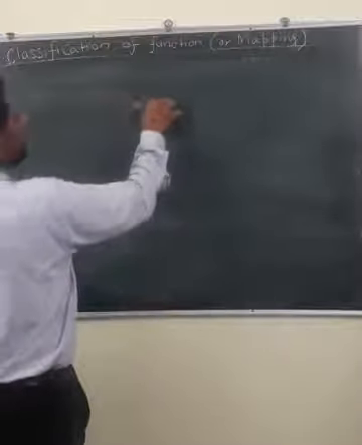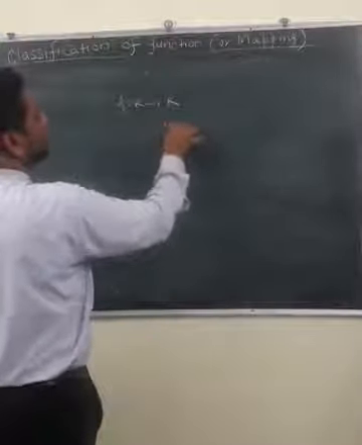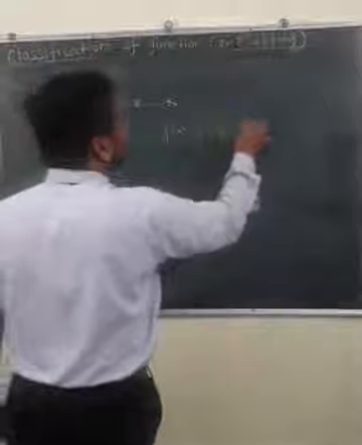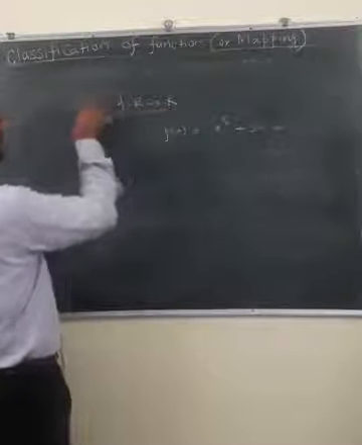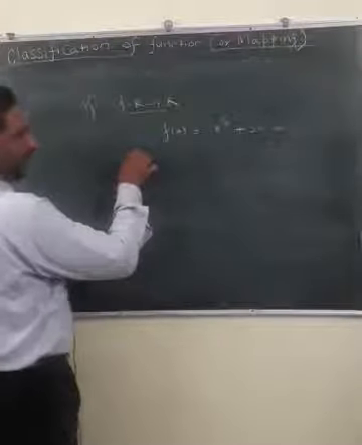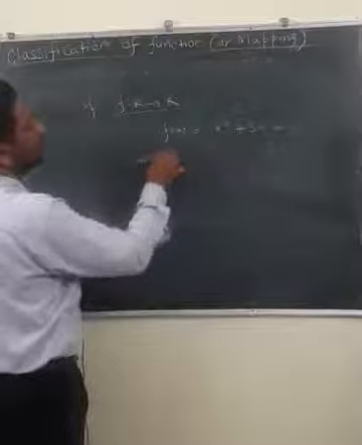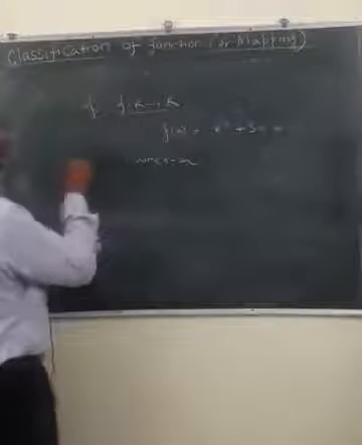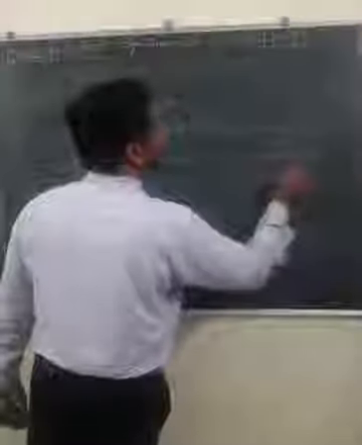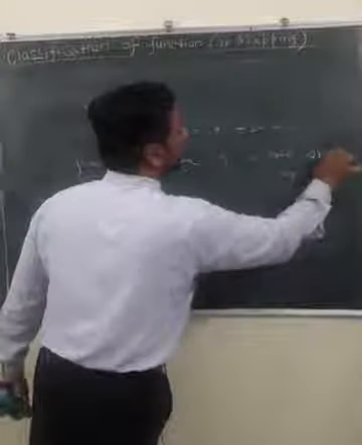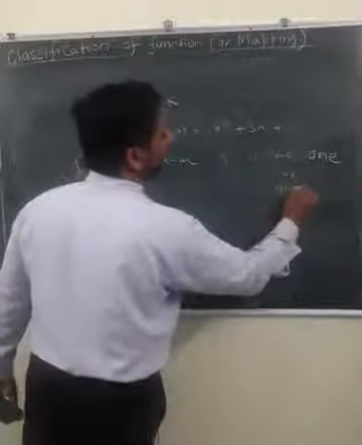Suppose f is R to R, f(x) is equal to x cube plus 5x plus 6. Find whether f is one-one or many-one.